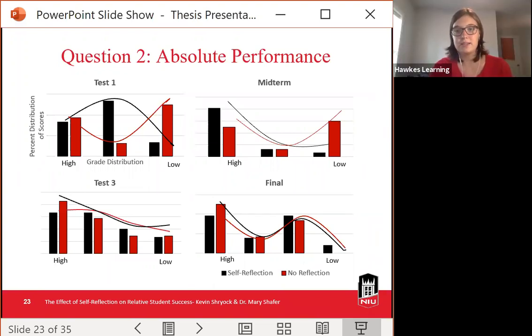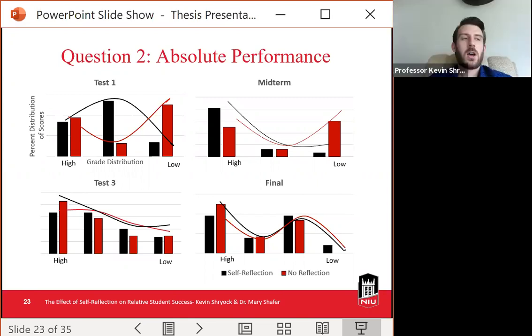I think you answered this already, but to reiterate, what do you think are some possible confounding variables between DFW rates and the choice to have reflection conditions? There's definitely a lot.